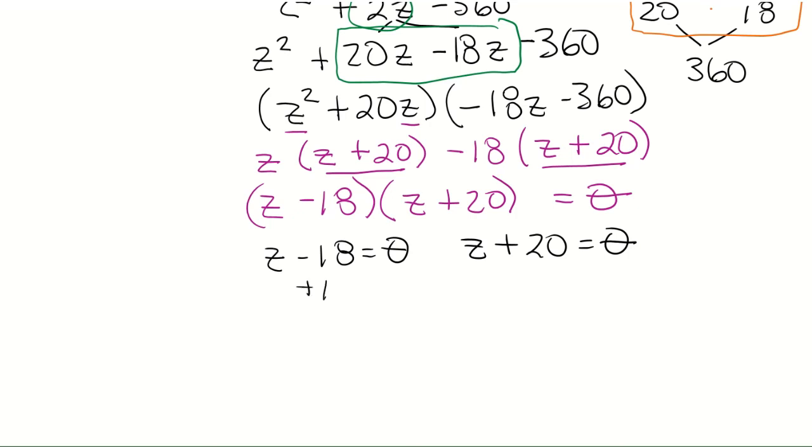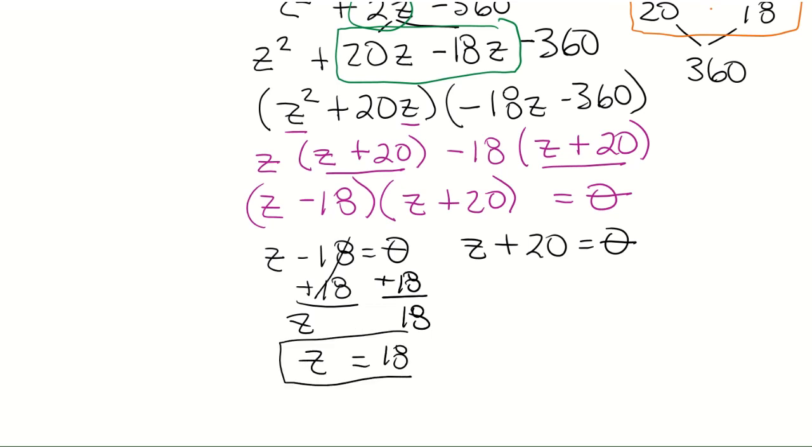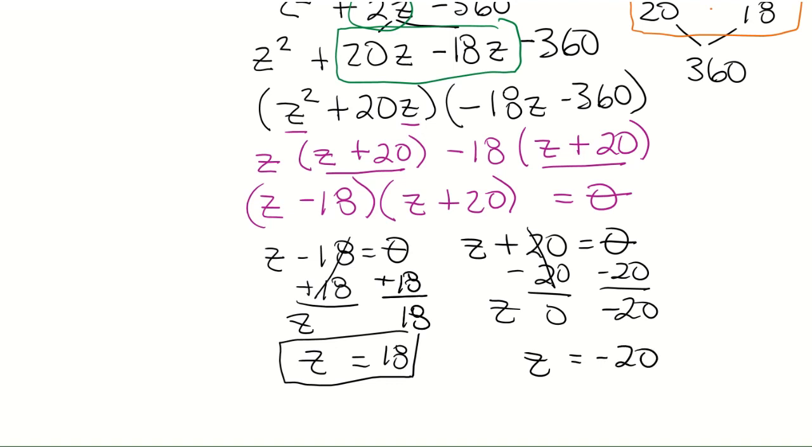Then we're going to add 18 to both sides. The 18s are going to cancel out. That's going to give me z equals 18 as one solution. And then with this one, I'm going to subtract 20. That's going to cancel out. That's going to give me z equals negative 20 as my second solution.